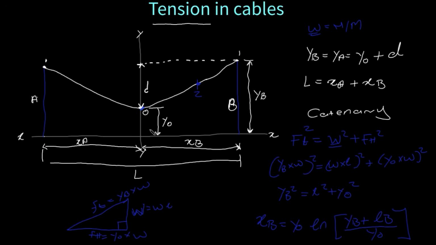The main thing in this topic is to calculate for the tensions that are acting at any given point of the cable, and again is the distance between the two towers or two supports. We have to calculate for that. We're also going to calculate for this angle at that particular point which we are given. And the last thing we are going to calculate for mostly is going to be the length of the cable.